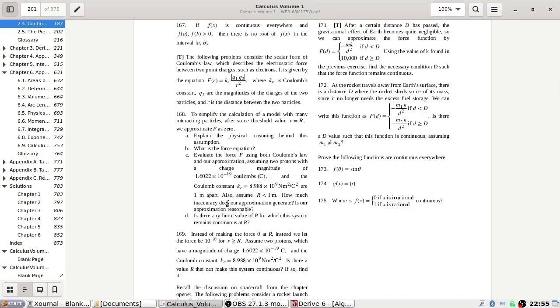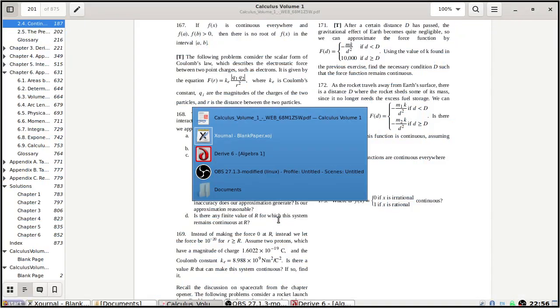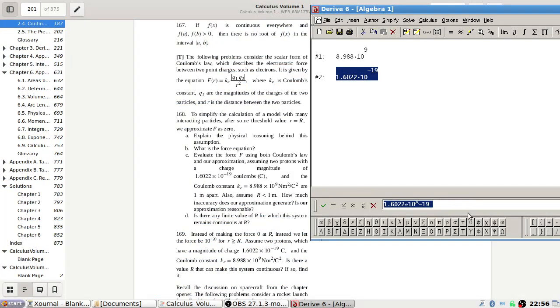Oh, I understand. Also assume that r is less than 1 meter. How much inaccuracy does our approximation generate? Is our approximation reasonable? I'm not quite sure what's going on here.